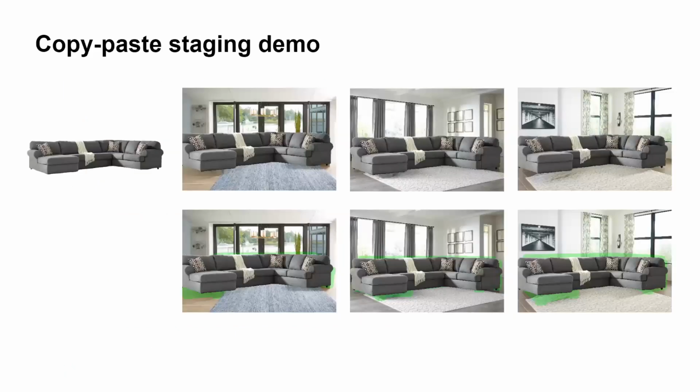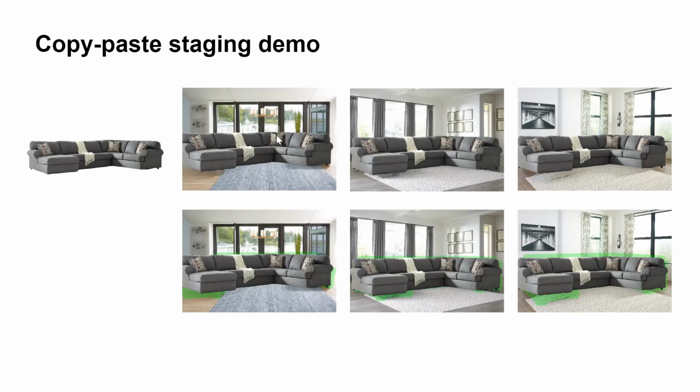So with this motivation and setup, let me show you some examples which will give you a visual feel of how copy-paste staging works. There's a sofa on the left side that you can see. That's our input image. And we use data from Yahoo to get similar sofas which were staged. You can see 3 examples here.